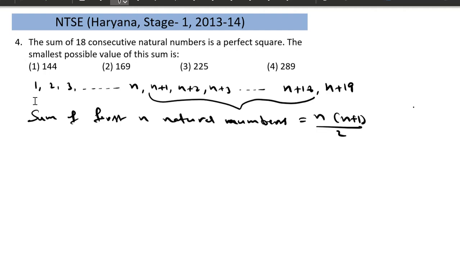But here he is not asking for the sum of first n natural numbers. It is 18 consecutive natural numbers, not starting from 1.